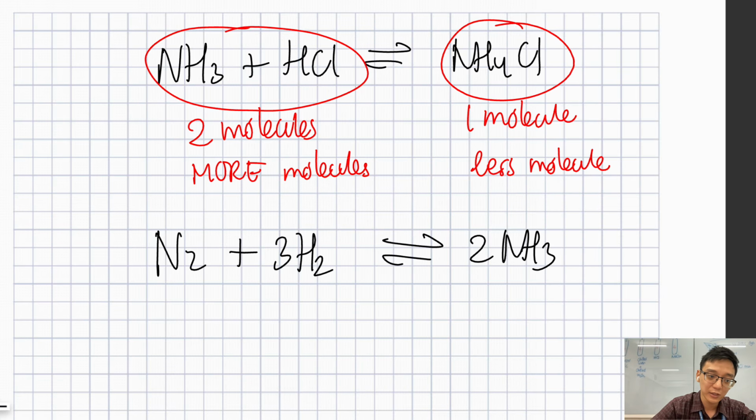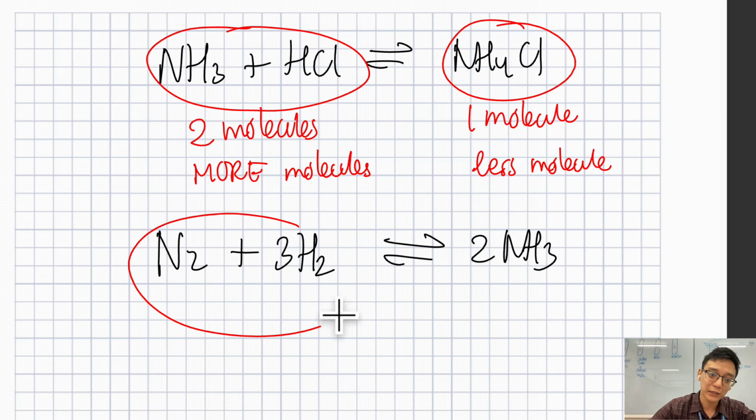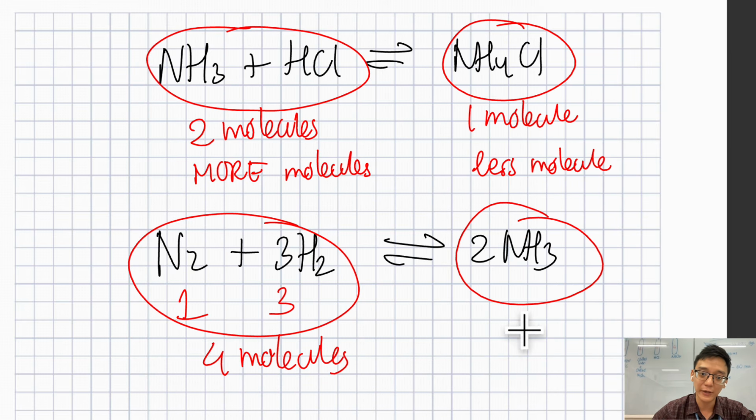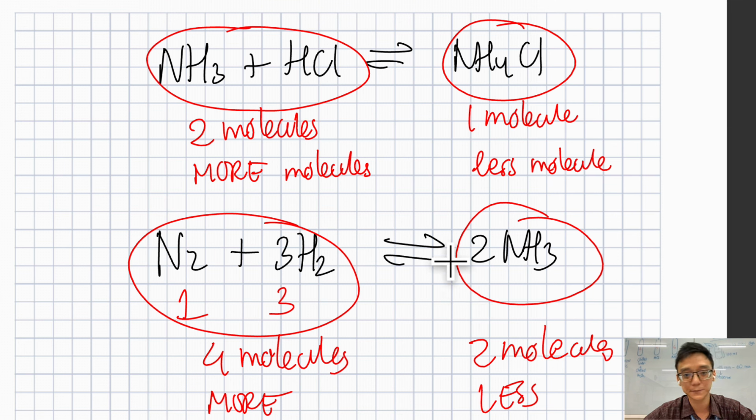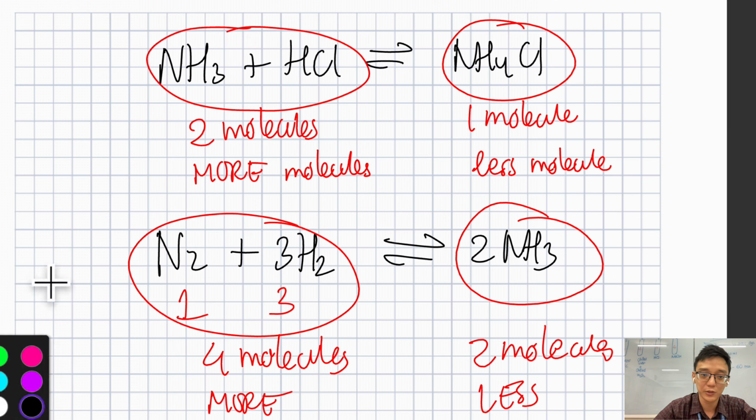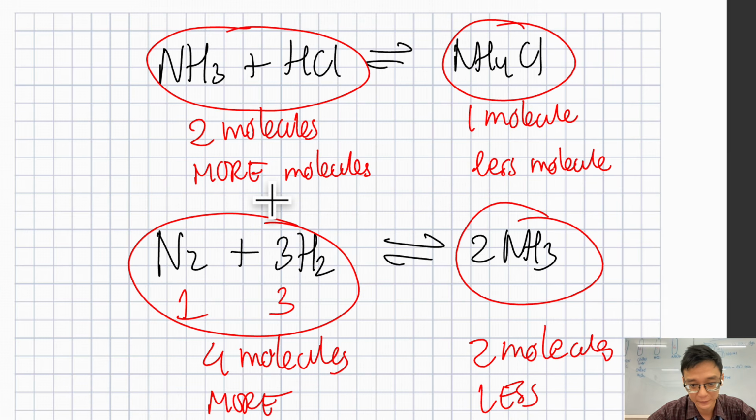On the left side we have 1 and 3, so in total 4 molecules, while here we have 2 molecules only. So this part we have more molecules, this part we have fewer molecules.